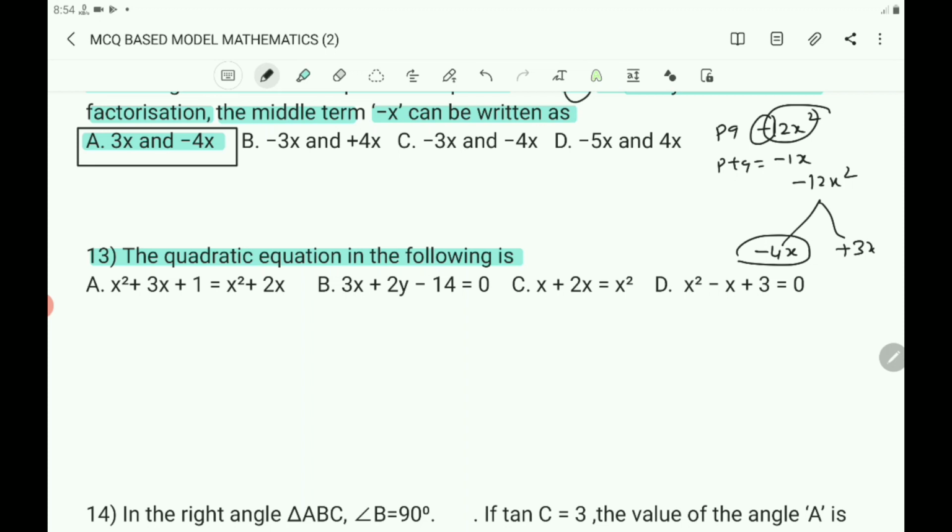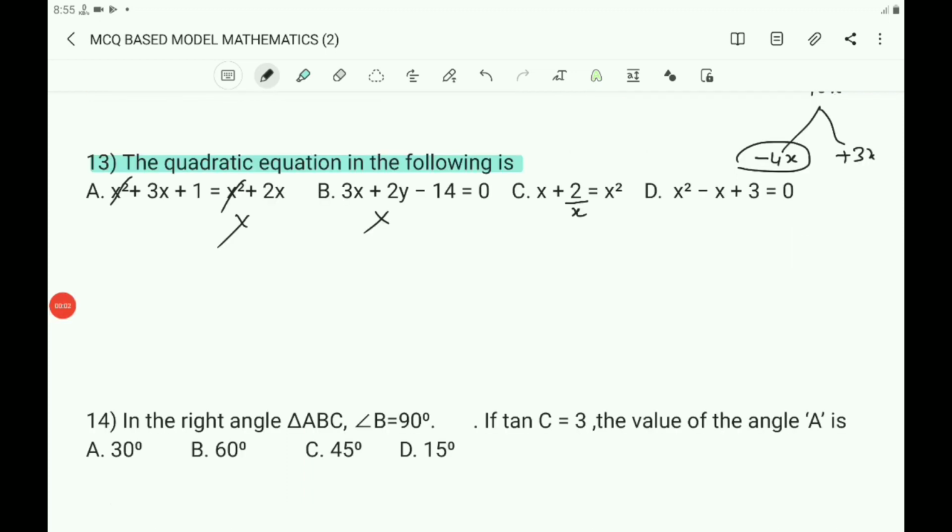You know that the first one, while bringing this to the form of a quadratic equation, while simplifying it, x square and x square cancel, so it is not a quadratic equation. And here the second power variable is not there, so it is not a quadratic equation. And the third one, you observe here, x is there, 2 by x is there, and x square is there.